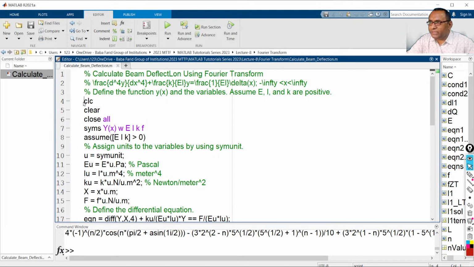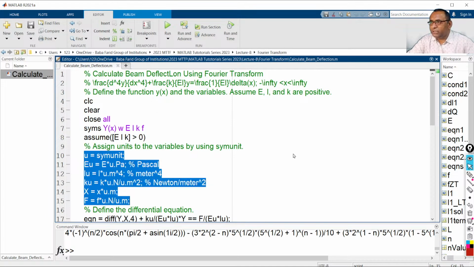As you know, clc, clear, close all are used to clear the command window, to clear the functions, and to close the windows. These are the same statements as you saw in the PowerPoint presentation. And these statements are used to assign the units to the variables by using syms. Same.